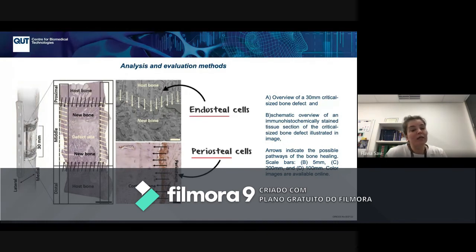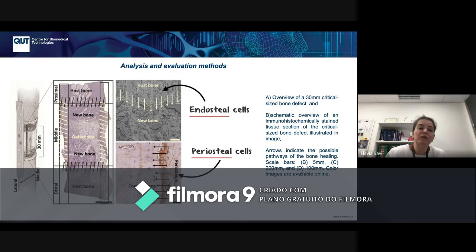So we have a little bit of host bone, then the new bone formed, and then host bone here in the distal part. You want to know the interaction of the host bone with the new bone formed, at the distal and proximal parts, because they behave differently, right?